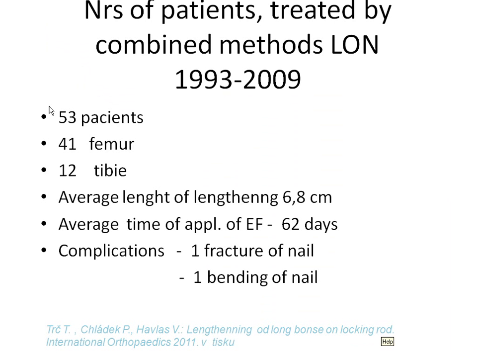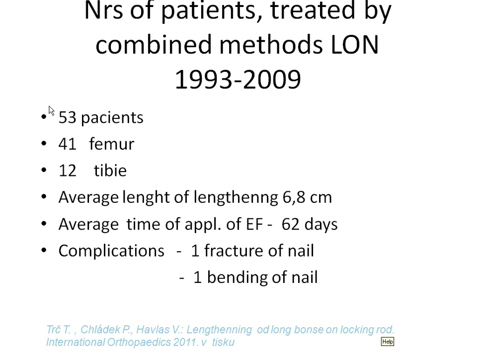We have treated 53 patients with this method, 41 lengthenings of the femur and 12 of the tibia. The average length of lengthening was 6.8 centimeters. The average time of application of the external fixator was 62 days, at one millimeter per day, and then we take away the fixator. We also had some complications, but they were relatively rare.